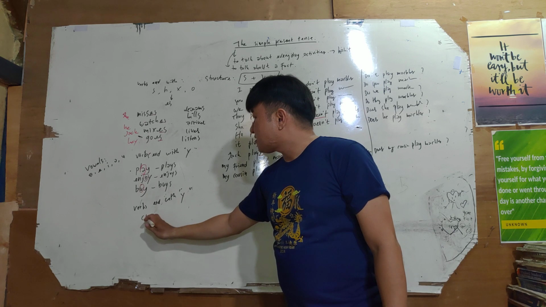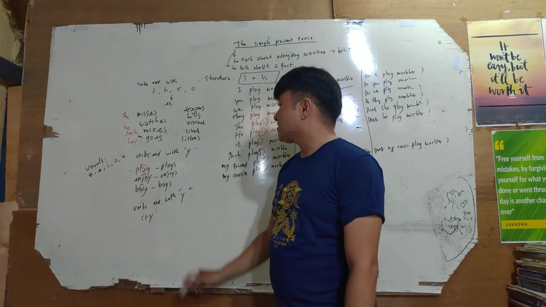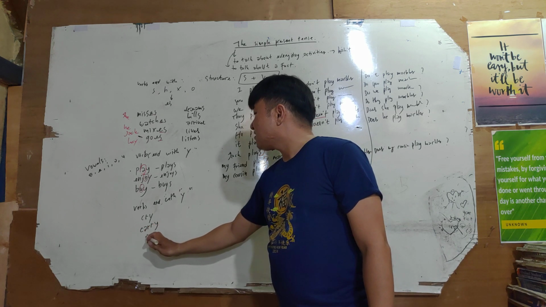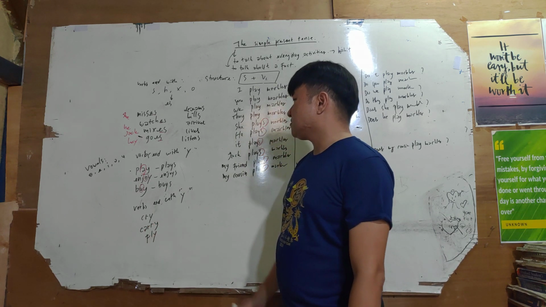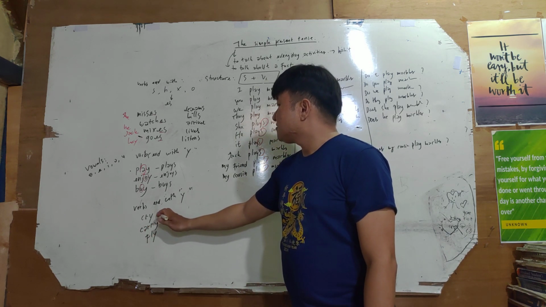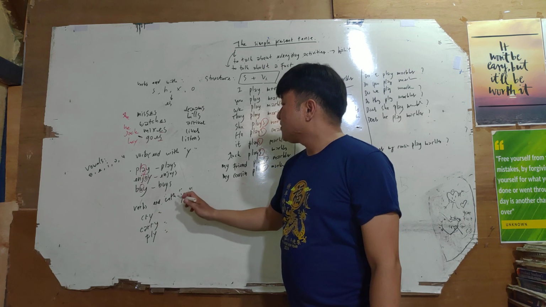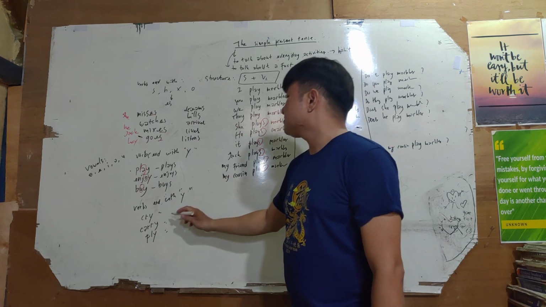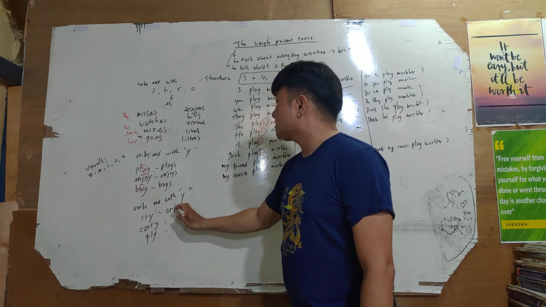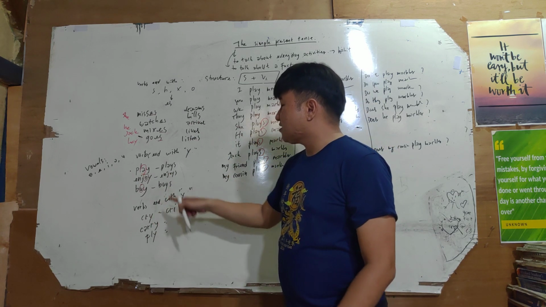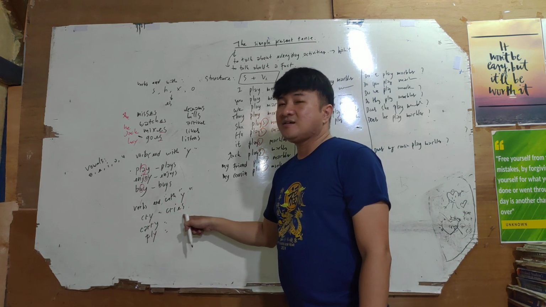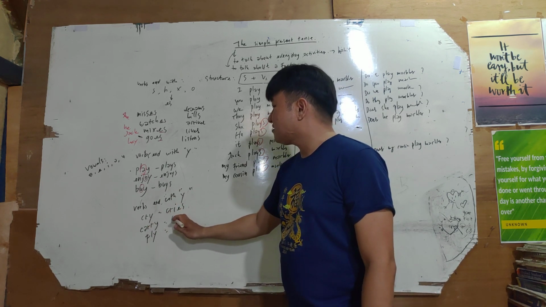For example, cry, carry, fly. We need to change the Y to I and add ES. So cry becomes cries, the Y changes to I plus ES. Cry, cries. Okay? Carry, carries.